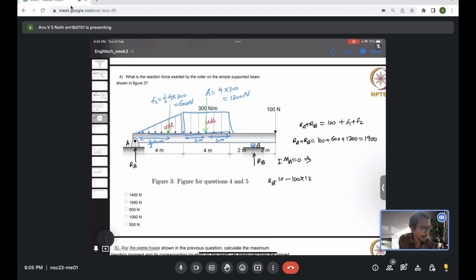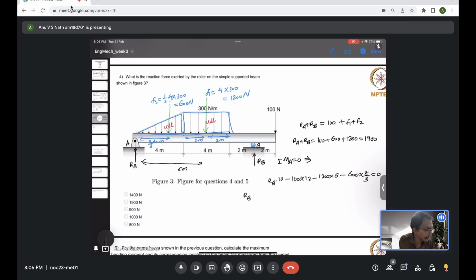F1 and F2 are also causing clockwise moments. F1, which is 1200 Newton, is 4 plus 2, so 6 meters from the end A. So 1200 into 6. Then 600 Newton is at 2/3 of the 4 meters, which is 8/3 meters from the pinned end A. So this should be balanced to 0.